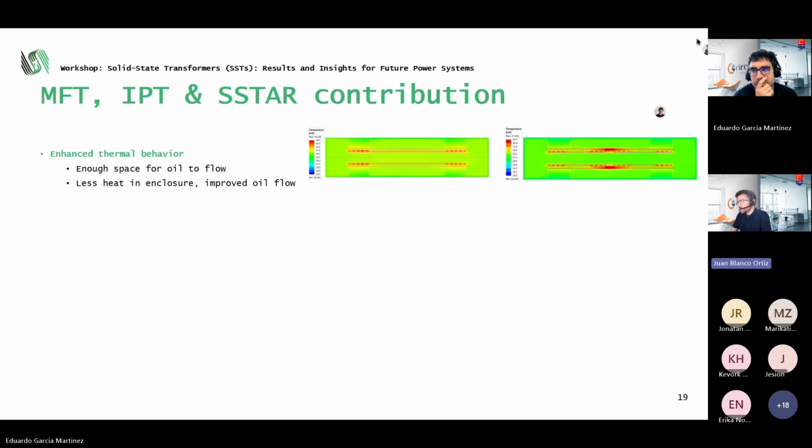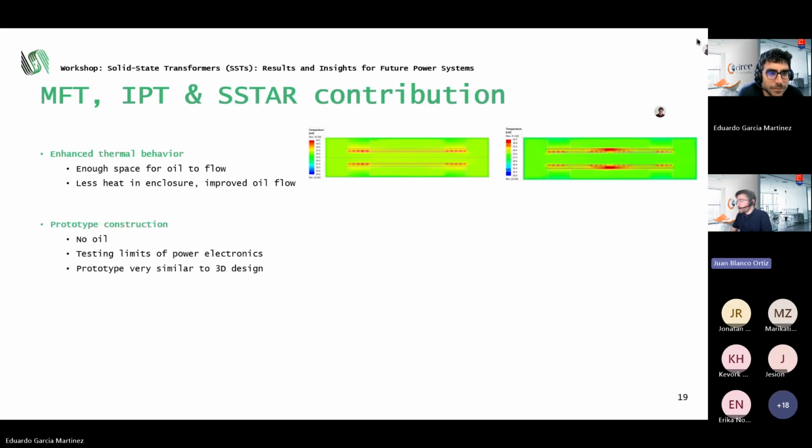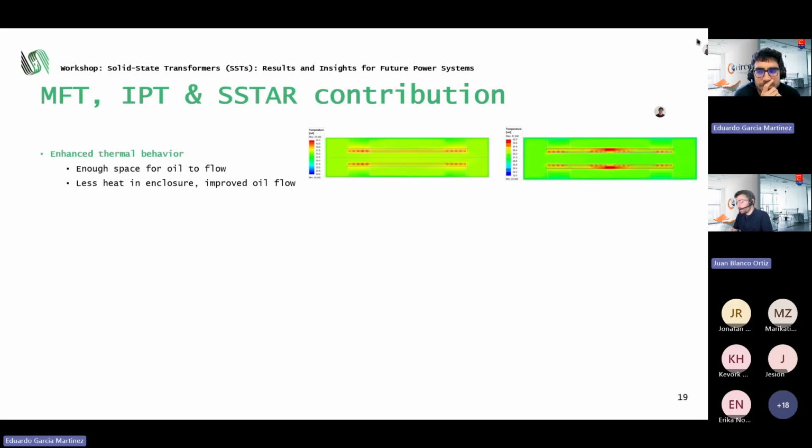The left one is the square one, and the right one is the double D. You can see that in the double D, the maximum temperature is less, and also it's more confined into one area in the middle of the coils. The enclosure is not heated, so that's why the oil is less heated and has a lower temperature than in the rectangular coil.